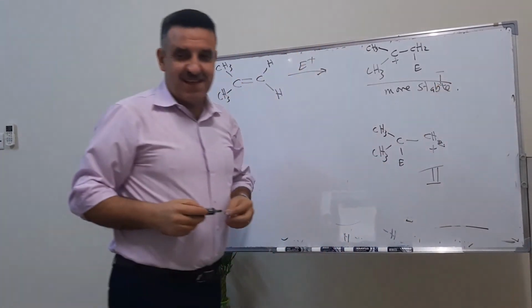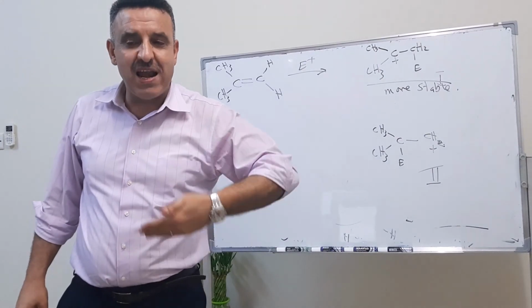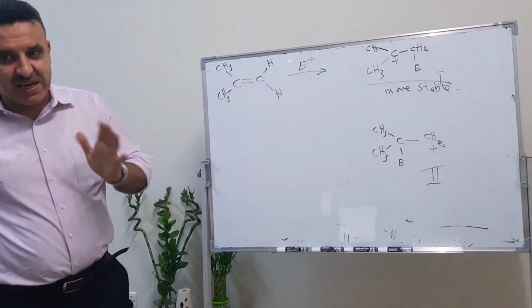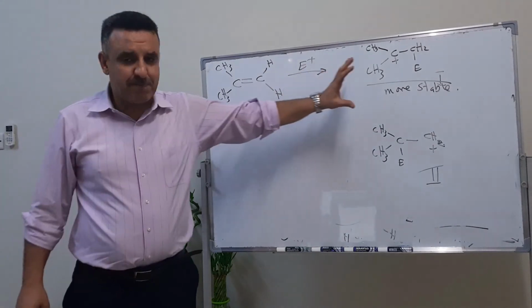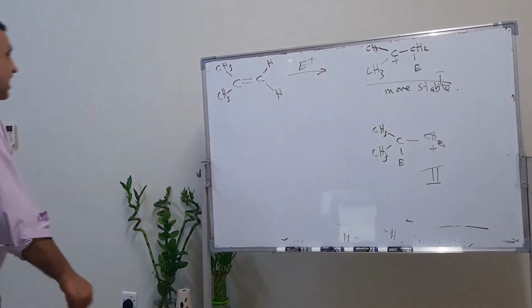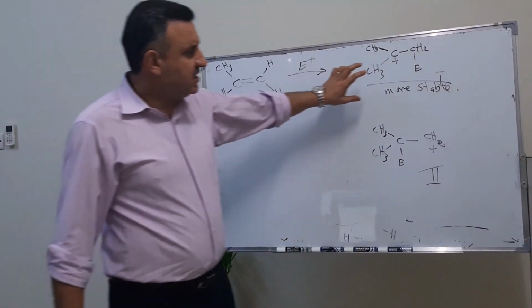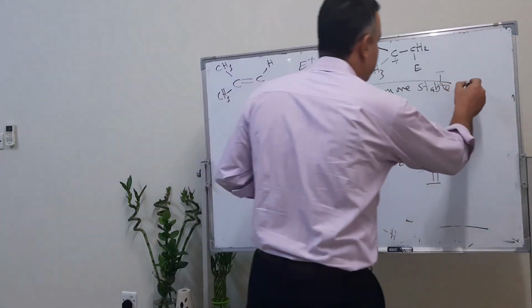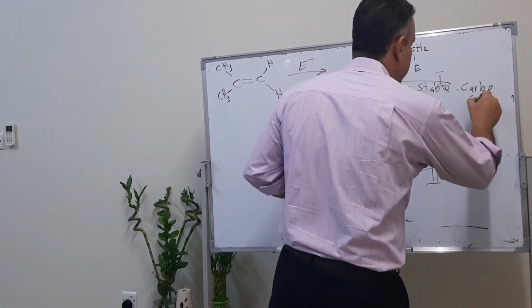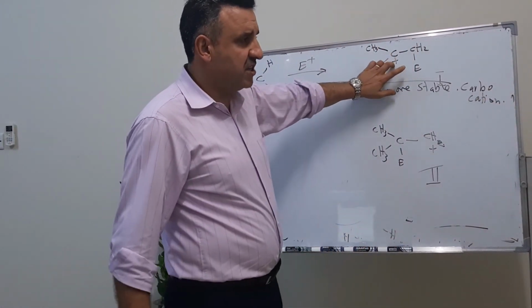As we said, the carbocation which is attached to more alkyl groups will be more stable. As we said always, whenever we have a process, the process will always prefer the more stable situation. And in this case, as you can see here, this is the more stable carbocation because simply this is what we call a tertiary carbocation.